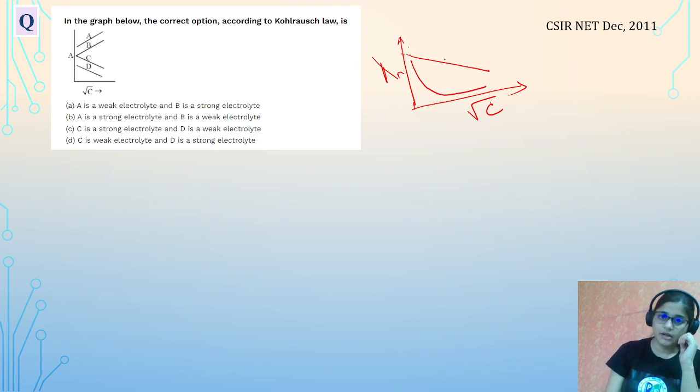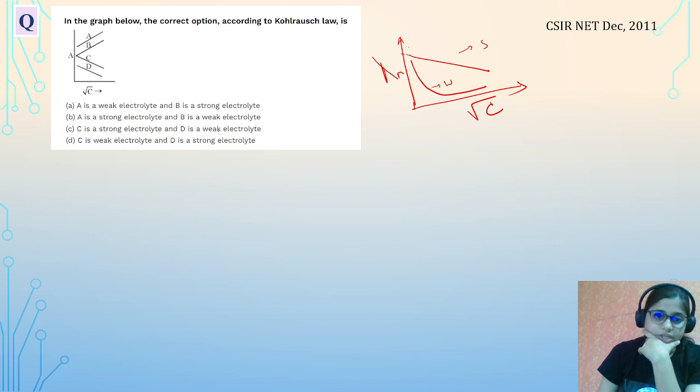In the question, various graphs are given, and the correct option according to Kohlrausch's law is: A is a weak electrolyte, B is a strong electrolyte; A is a strong electrolyte, B is a weak electrolyte; C is a strong electrolyte and B is a weak electrolyte.